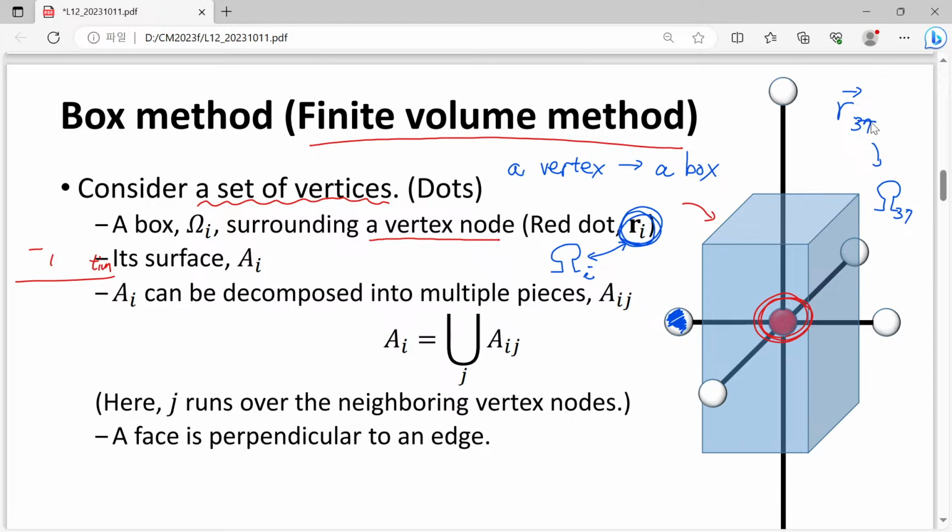Any number, 100, 200, any number will give us the corresponding box. That is our assumption.